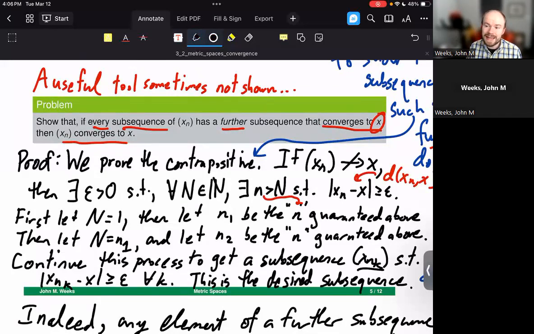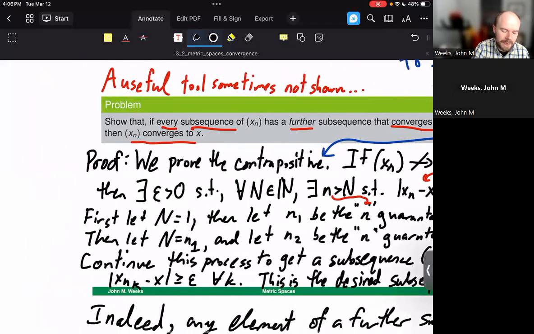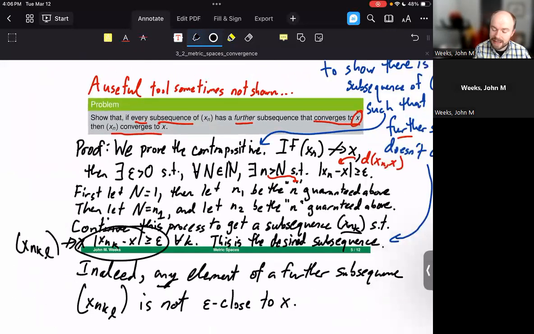That is, if you try and take any further subsequence of this sequence x of nk, and when I say further subsequence, I mean something like x of nk L, right? So you are saying, I'm going to take that subsequence and take another subsequence on top of that. Then I'm going to claim that that cannot converge to x. Well, indeed, those are elements that have this exact same property.